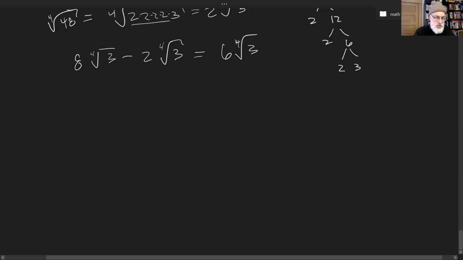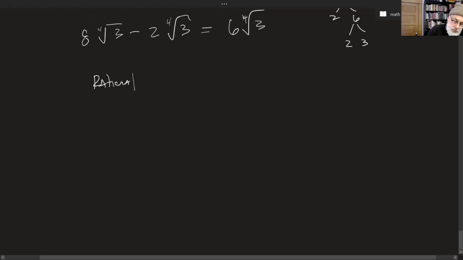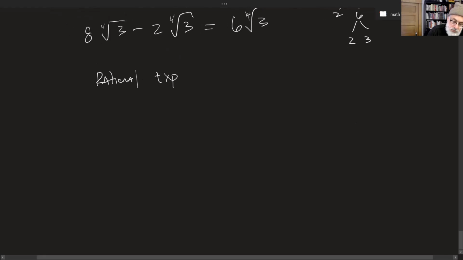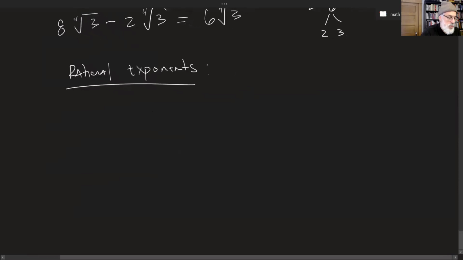All right, so let's bring the last lecture and this lecture together by looking at what's called rational exponents. So what's a rational exponent? Well, it's a way to write a root.